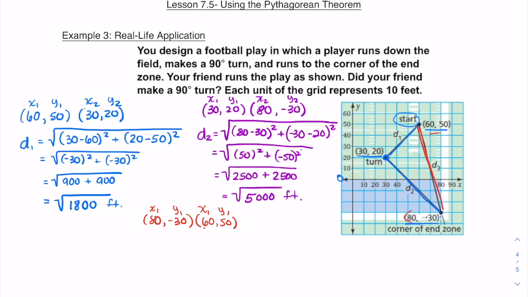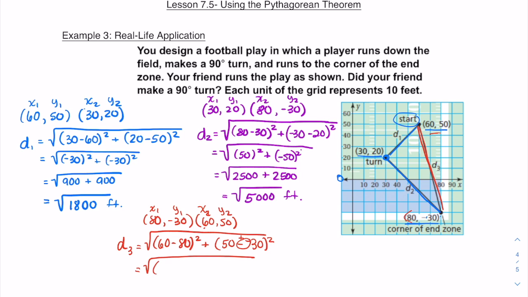So here I'm going to do D3 is equal to los valores de X primero. Oops, these are 2's. 60 minus 80 squared. Now los valores de Y. 50 menos, careful with this one, este es menos 30 squared. Menos con menos es más.